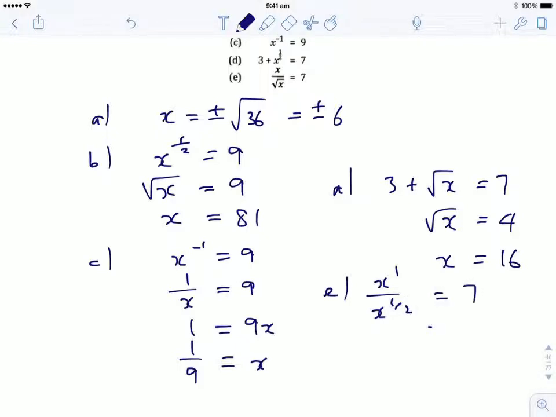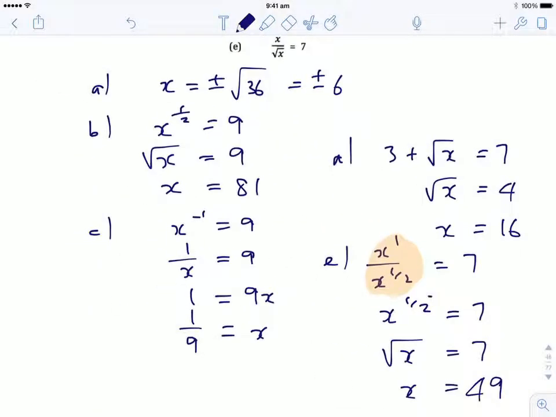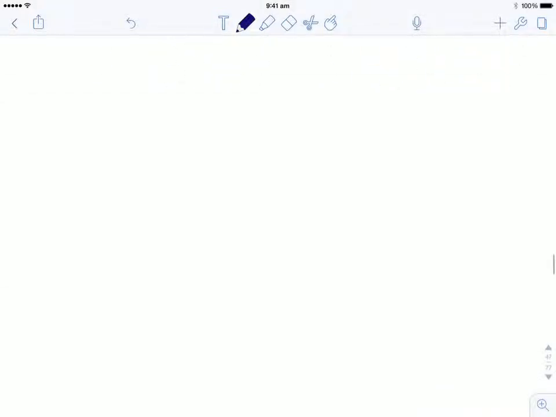So on the left hand side, x to the power 1 divided by x to the power of a half, subtract the powers, you get x to the power of a half equals 7, and we know that means the square root of x is 7, so x is 49. Okay, cool. So I've done a number of examples here using basic index laws to help us solve equations.